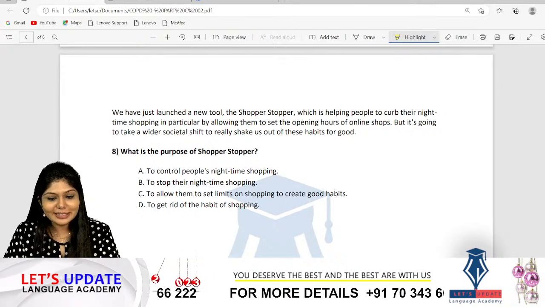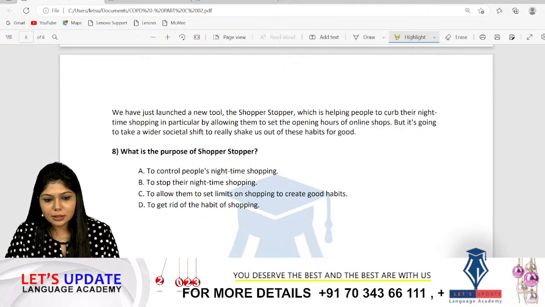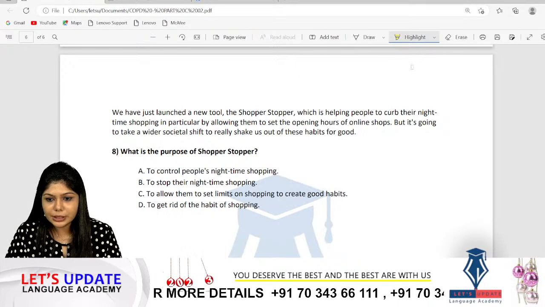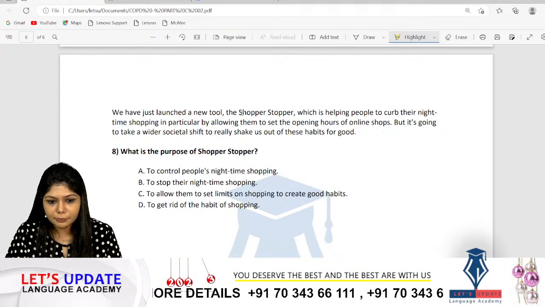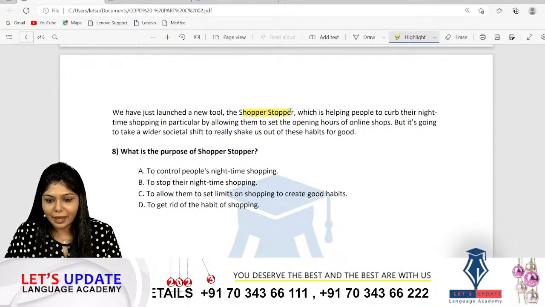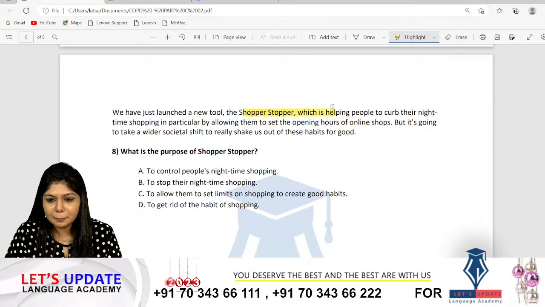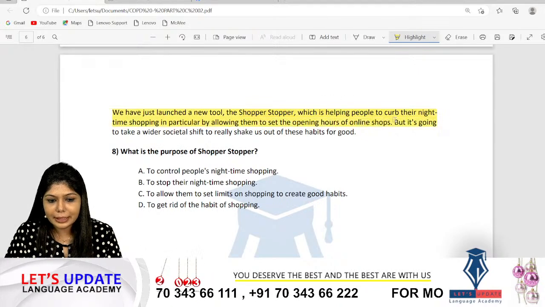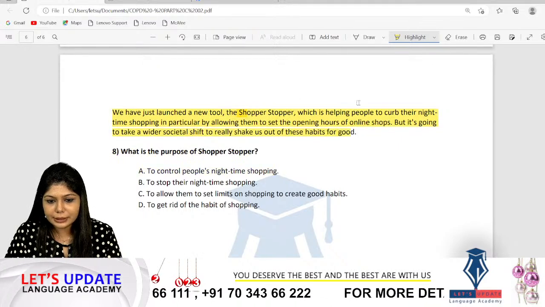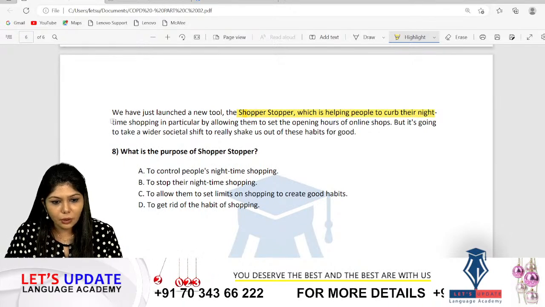Okay, so let's just discuss the answer. So they have asked, what is the purpose of shopper stopper? Okay, so a term is introduced here called shopper stopper. And they have defined the term as well, which is helping people to curb their nighttime shopping, in particular by allowing them to set the opening hours of online shop.